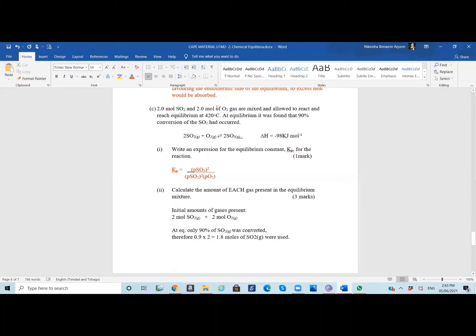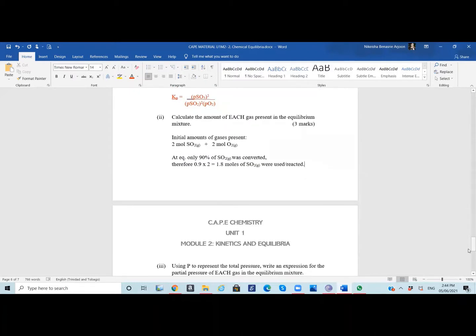They give us the initial amounts, so we use that information to determine that only 1.8 moles of SO2 gas were used, 0.9 by 2, 90% of the 2 moles. That gives us 1.8 moles of SO2 reacted.